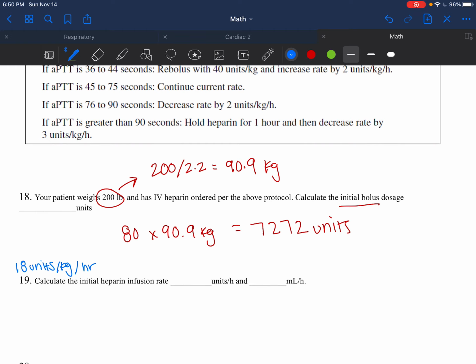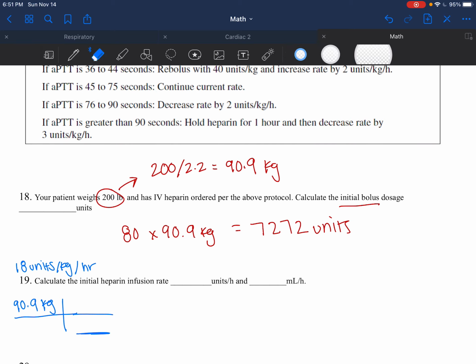So what we're going to do first is put the kilograms that our patient weighs, 90.9 kilograms. And I set these up like chemistry stoichiometry problems. It's just what makes sense in my head. Other people set it up differently. If you have a different way, please do whatever is easiest for you. So I put 90.9 kilograms on the top. Then I know that in order to get the kilograms to cancel out, because I just want units per hour, I'm going to have to put kilograms down here on the bottom.